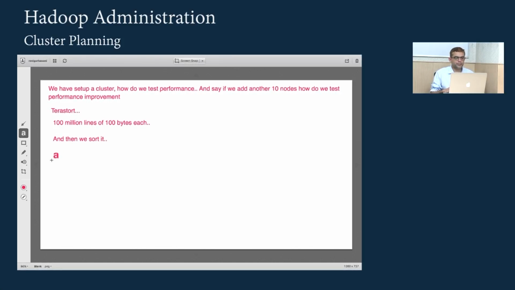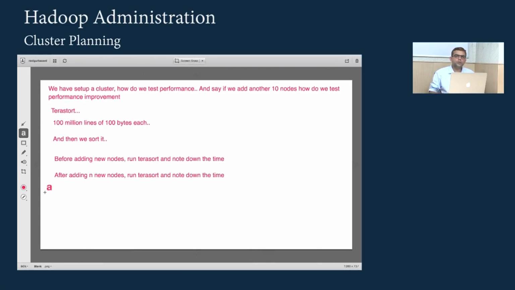So the way you test is: before adding new nodes, run TeraSort and note down the time. After adding N new nodes, run TeraSort and note down the time.